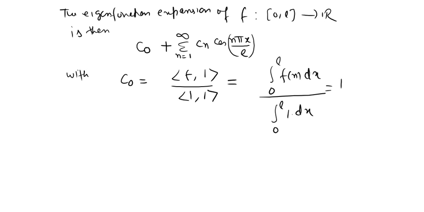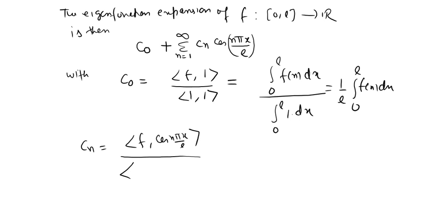So you have 1 by L integral 0 to L f x dx. This is C0. And the other Cn's are the inner product of f with cos n pi x by L divided by the inner product of cos n pi x by L with cos n pi x by L.